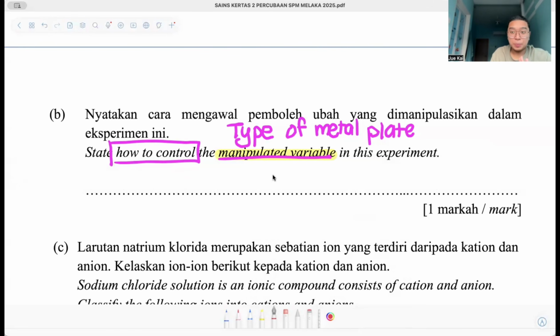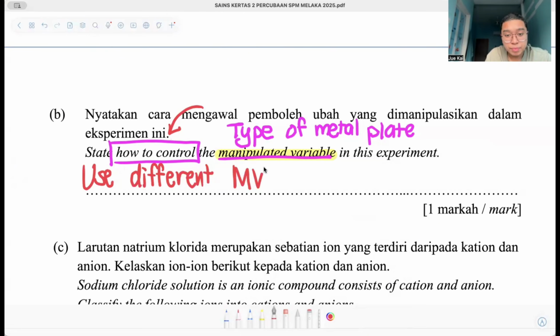Okay, so when the question asks how to control, use the words use different MV, such as. Clear. Okay or not?